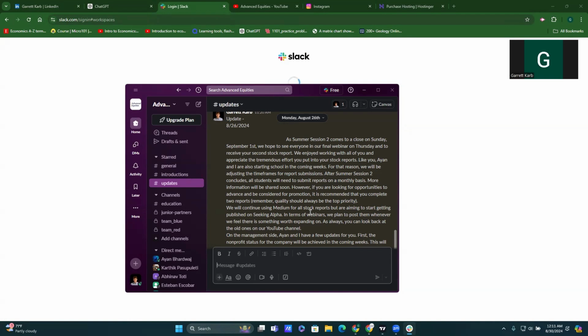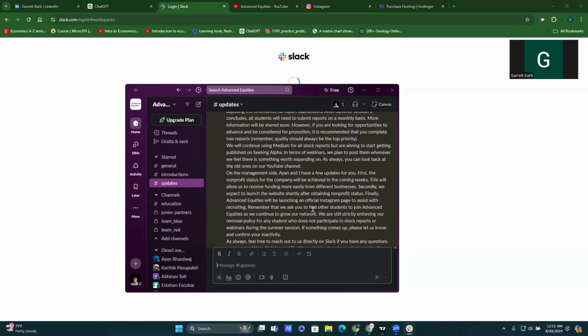The nonprofit is actually going to be established. It should be established soon. We're working with a new company called Hack Club. They are a little bit easier to get through with than Hack Plus. So we'll be doing that in the coming weeks. Once we get that up, we'll also be signing up for a website.